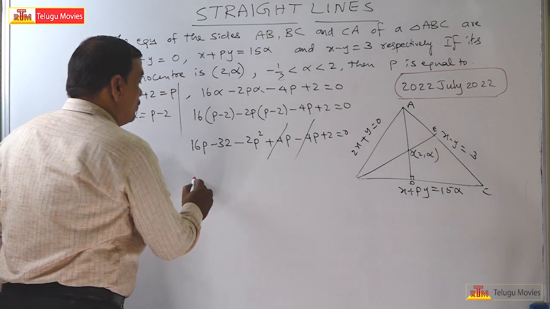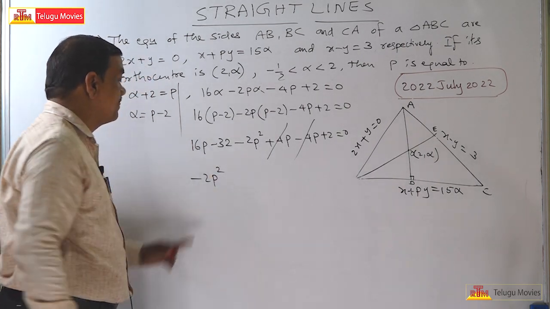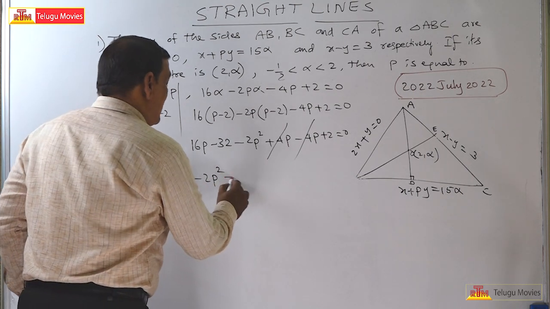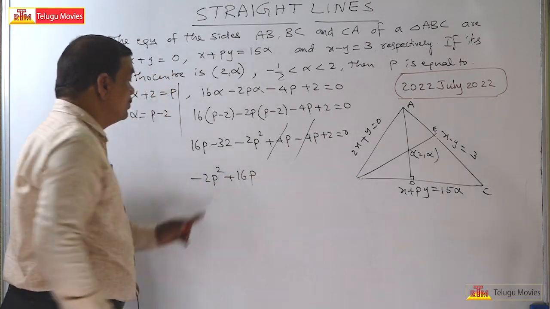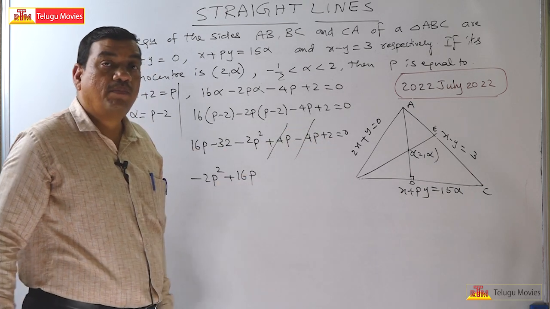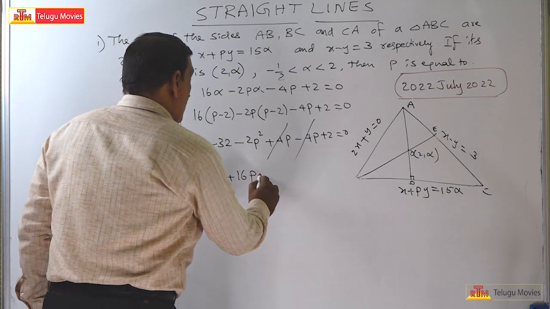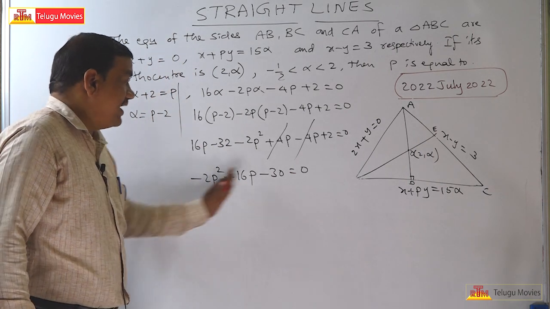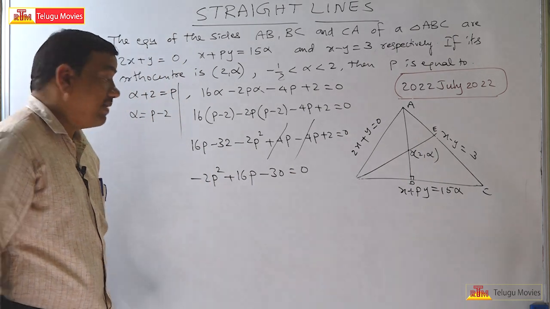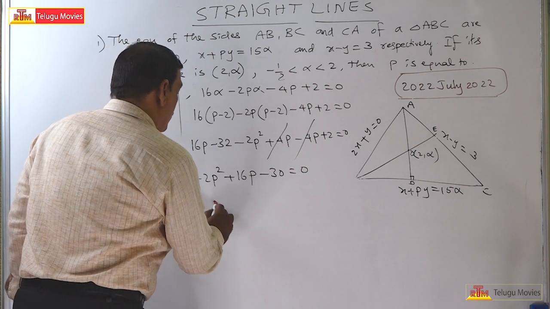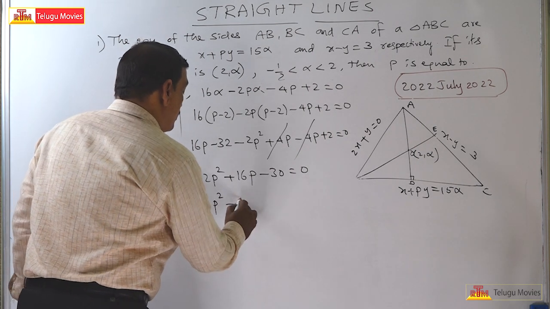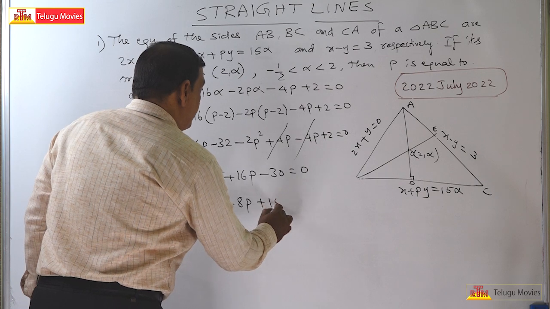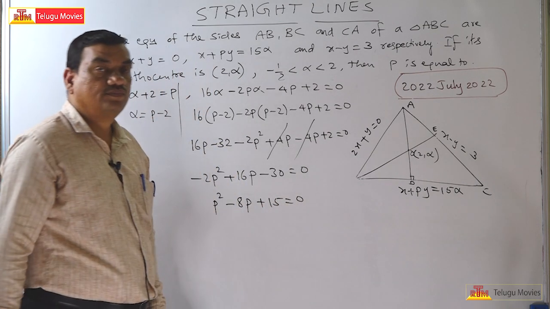So this is minus 2p square plus 16p minus 32 plus 2, that is minus 30, is equal to 0. You can divide by minus 2. That is why this is p square minus 8p plus 15 is equal to 0.